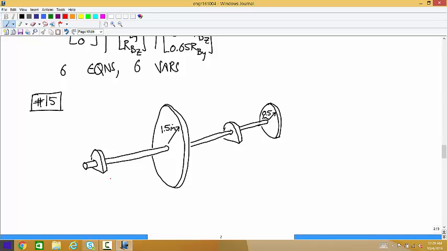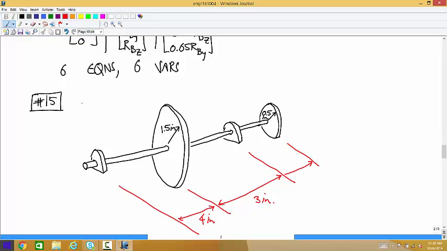And the dimensions: this is 4 inches. This is 3 inches. 2 inches. And that's all we need.